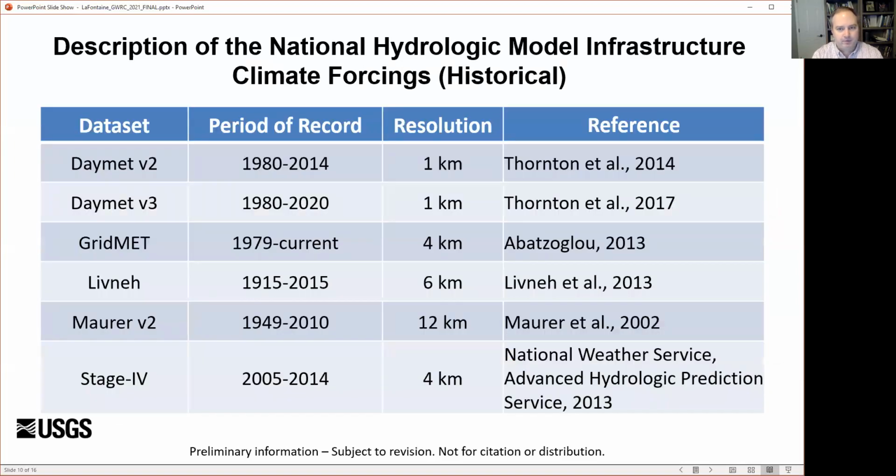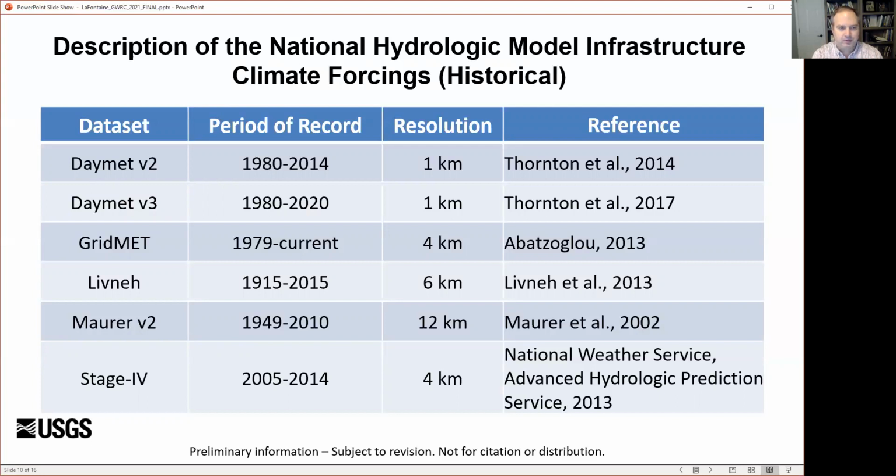When we look at climatic forcings, we have historical forcings and also potential future forcings based off downscaled general circulation models. Here is a list of the historical products that we have downloaded and processed to the modeling units.